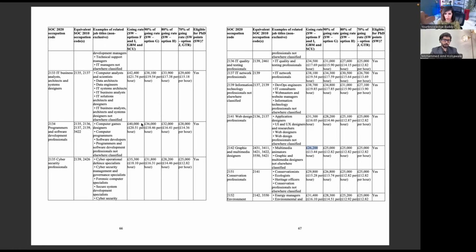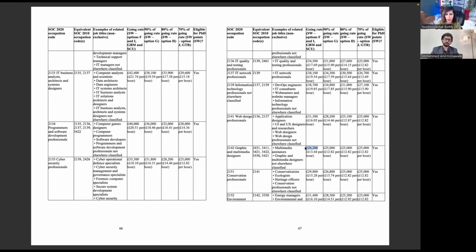Here, out of 31,300, 40,000 was higher under software engineer. But when we are talking about a graphic designer, out of 26,200, 31,300 is higher. So we are going to take that going rate, whatever is going for specific industry, and then we are going to extend the visa application with the same sponsor. So this is how the different statement of changes tables work whenever you're extending a visa application.